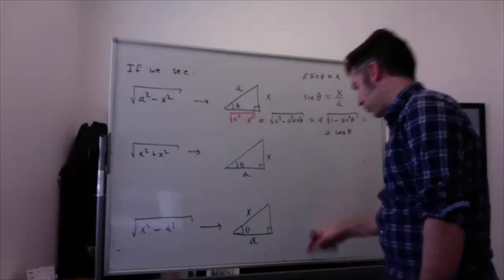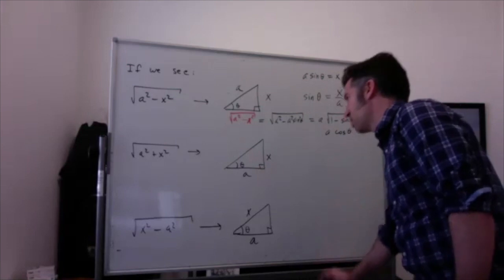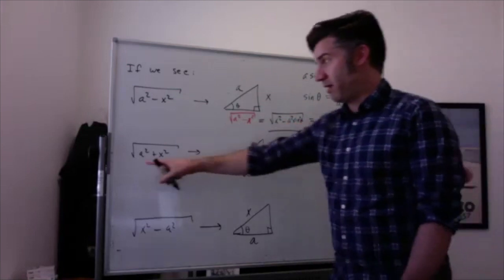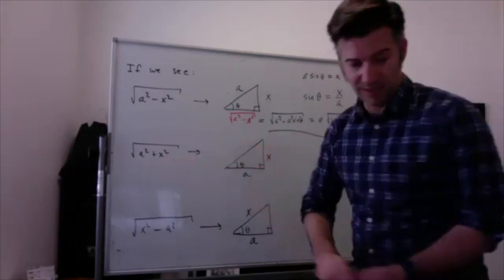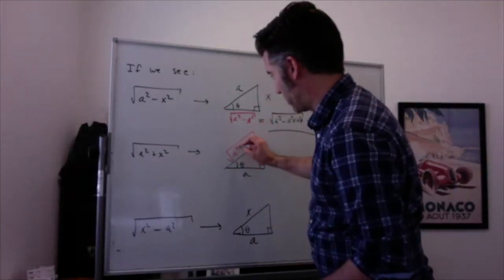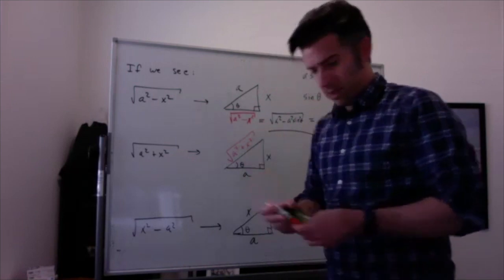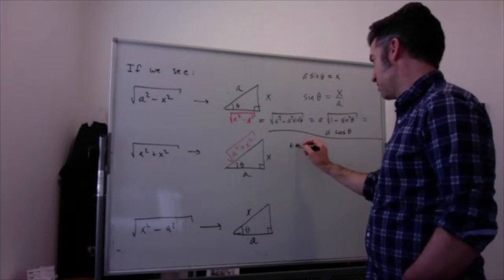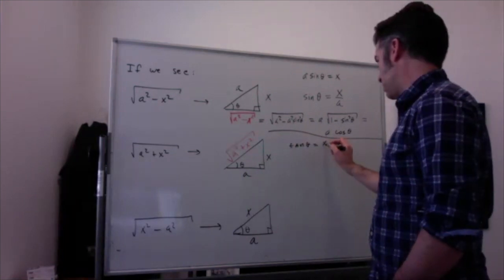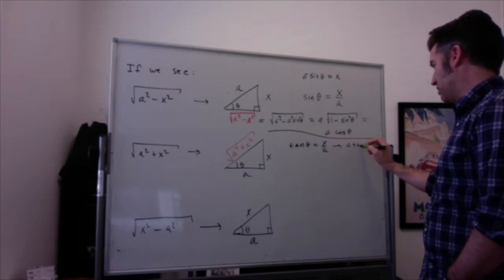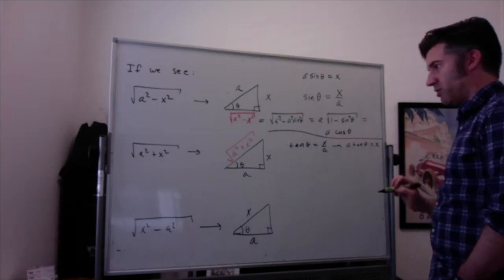And hopefully I have enough room to write this. So here, I have a squared plus x squared. That third side is going to be the square root of a squared plus x squared. And I'm seeing that tangent of theta is equal to x over a. Or if you prefer, a tangent theta is equal to x.